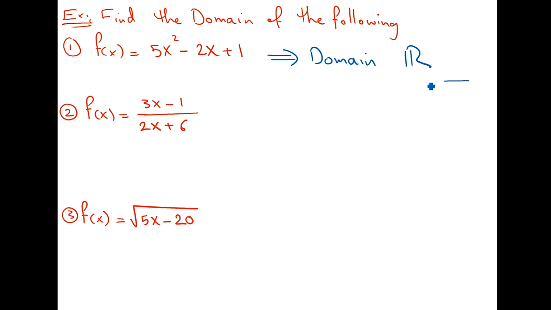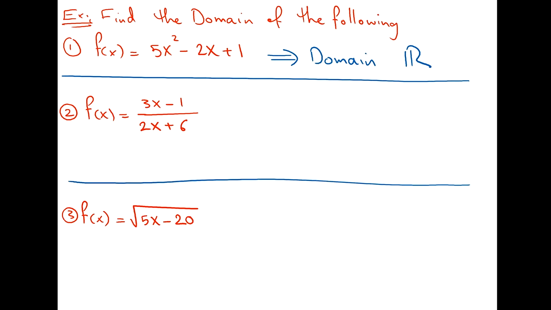Okay. Now f of x equals (3x minus 1) over (2x plus 6). Here we cannot substitute any value of x in f of x, because sometimes if we substitute some x, maybe the denominator equals 0. If the denominator is 0, this is a big problem.